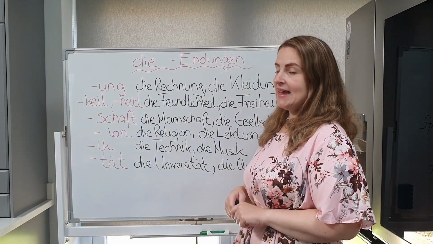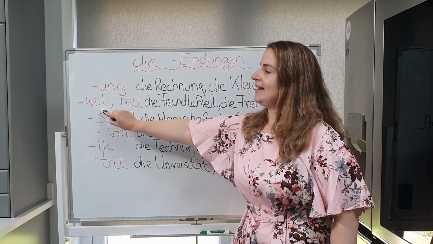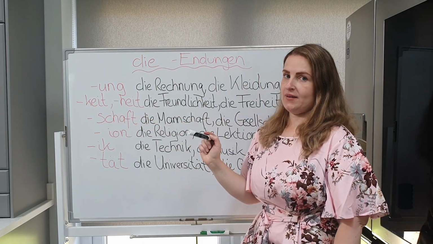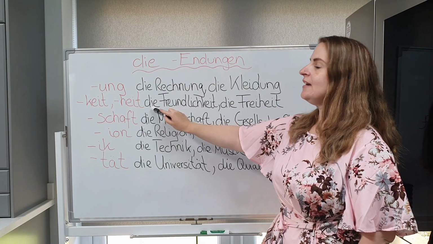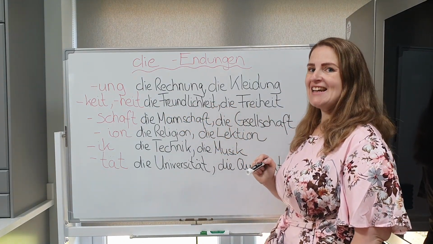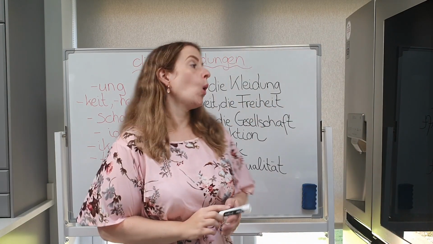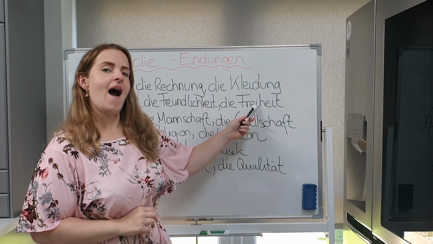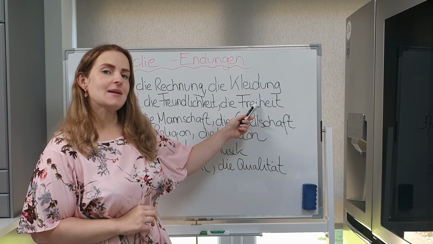Words ending with -keit and -heit. For example, die Freundlichkeit, the friendliness. Or die Freiheit, the freedom.